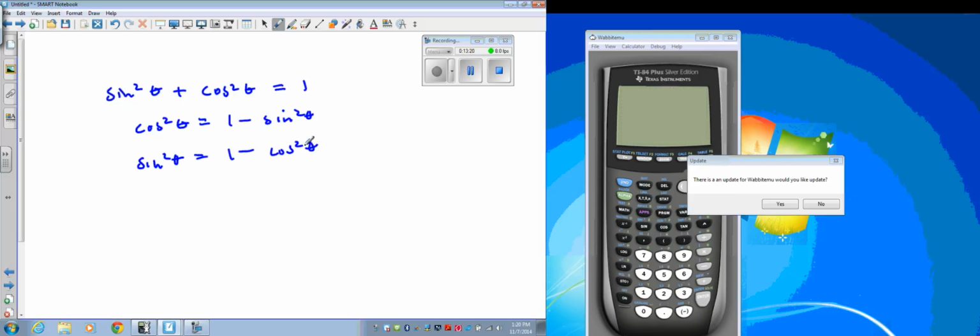So if you know sine and you want to know cosine, you plug the sine in here, square it, and then take the square root of it. You've got cosine, then all you have to know is what quadrant you're in, and then you can get the right value, because it's either going to be positive or negative depending upon the quadrant you're in. And the same way here, once you know cosine, you can get sine by doing the square root of this.